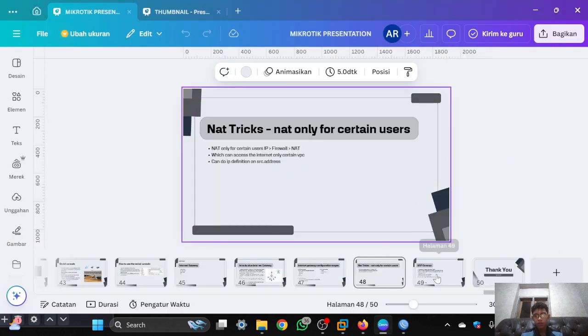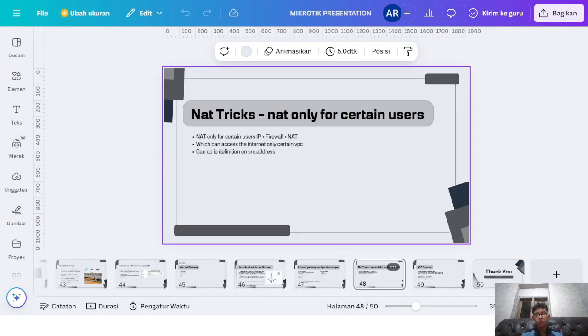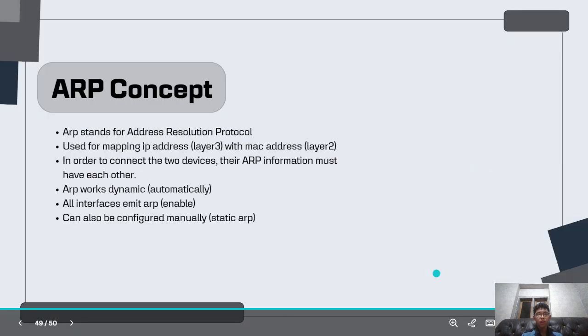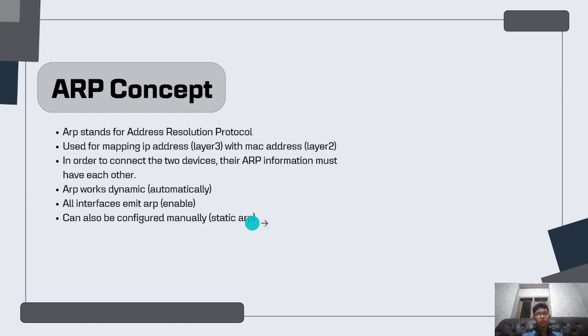Then the last thing is the ARP concept. ARP stands for Address Resolution Protocol, used for mapping IP addresses at layer 3 and MAC addresses at layer 2. In order to connect to this device, the ARP information must be known to each other.